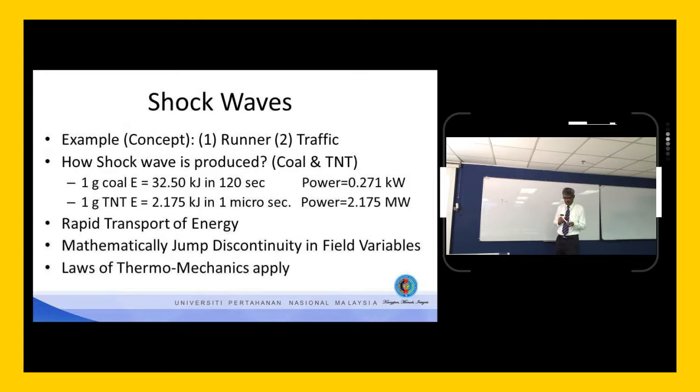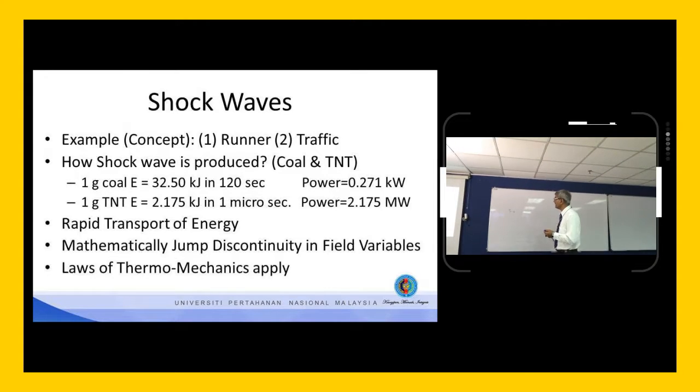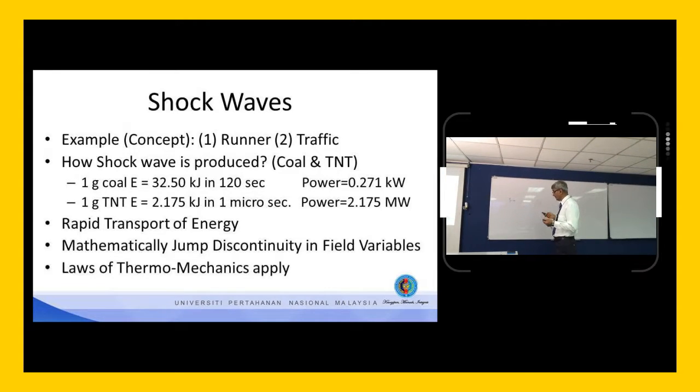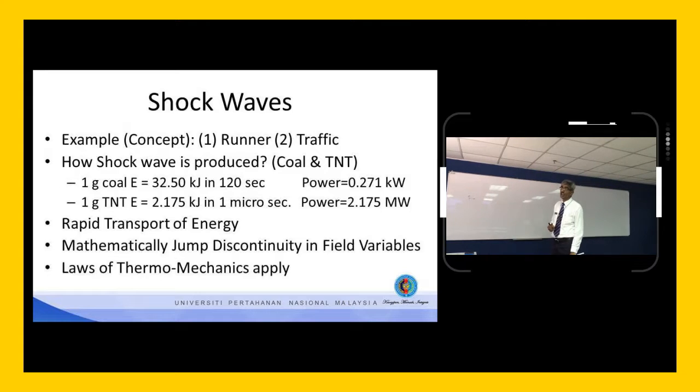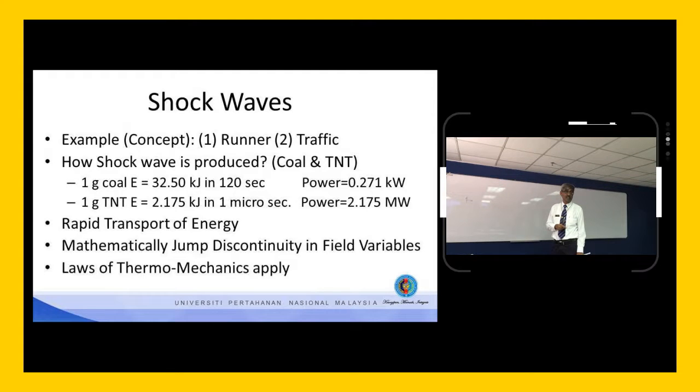So this is kind of a vague idea, but the important thing to keep in mind is that the shock wave is passing through the material and the material is following the shock wave.